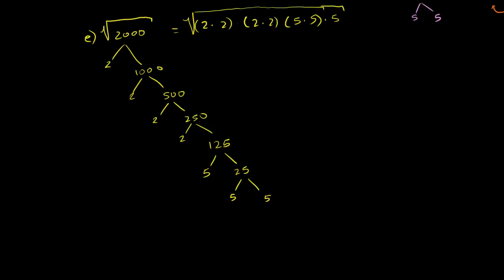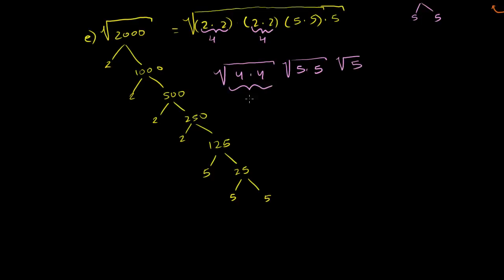Now, what is this going to be equal to? Well, one thing you might see is, hey, this is a 4, this is a 4. So we're going to have a 4 repeated. And so this is the same thing as the square root of 4 times 4 times the square root of 5 times 5 times the square root of 5.